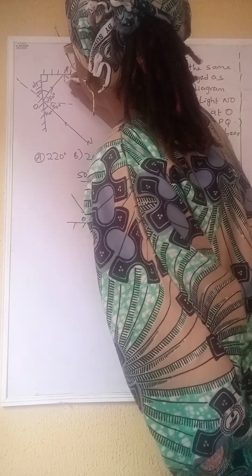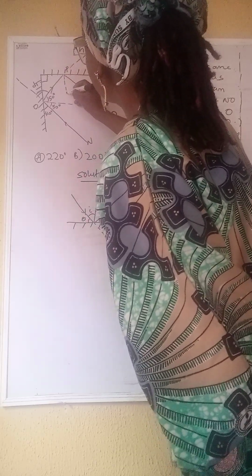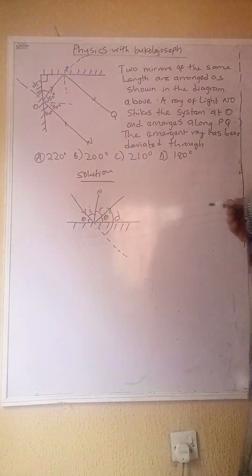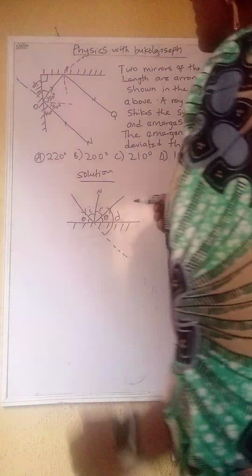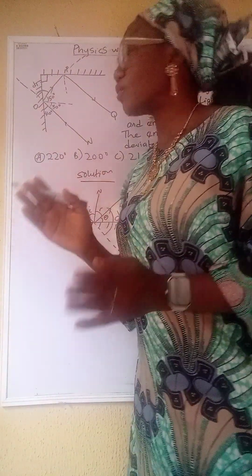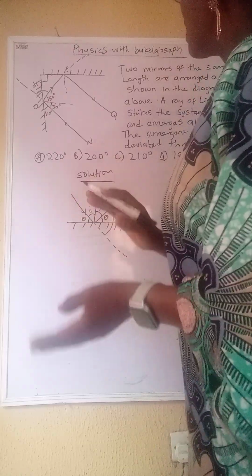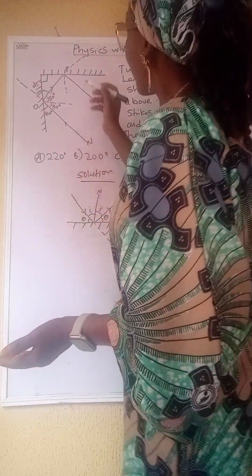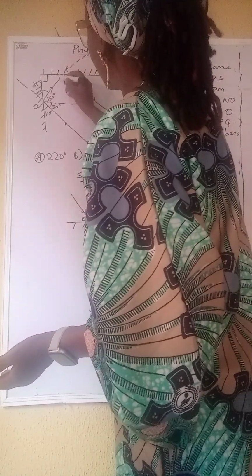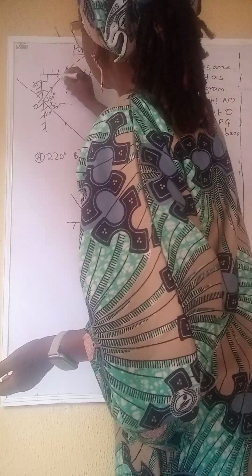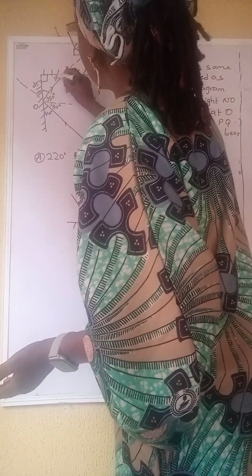This is the normal. Remember that principle: alternate angles are equal. So this angle is alternate to this, and is equal to 50 degrees.